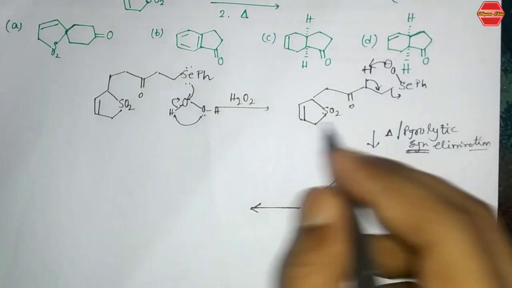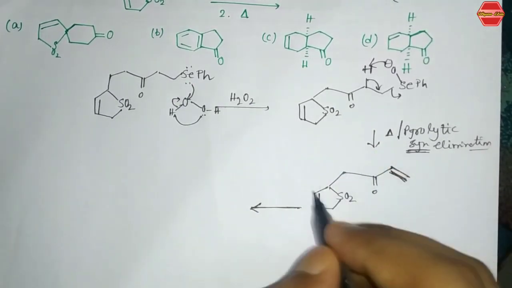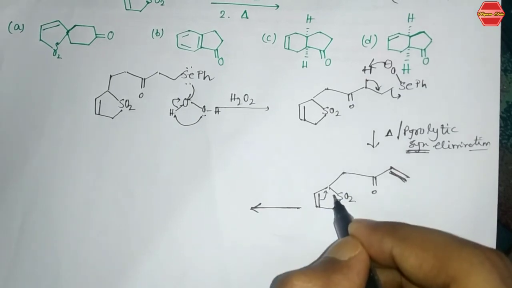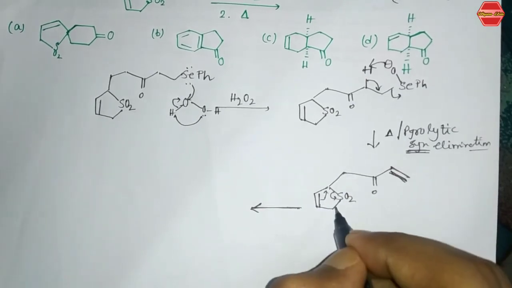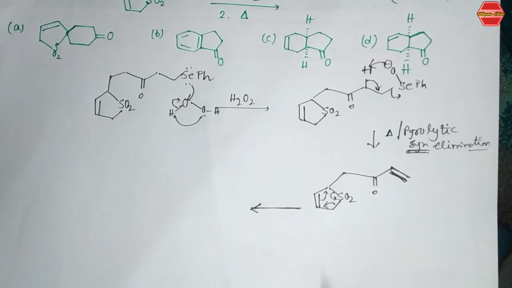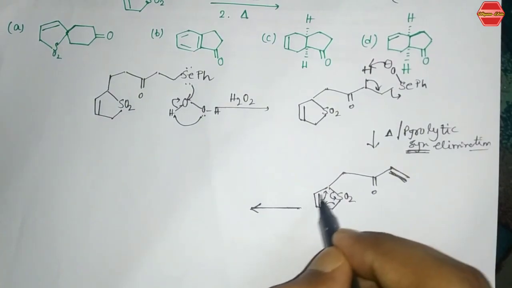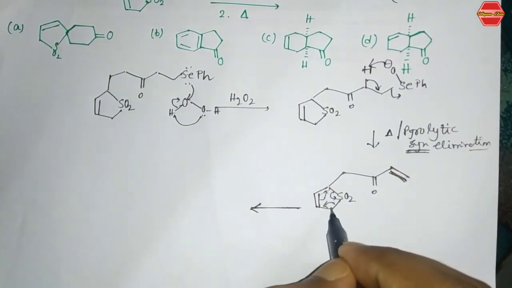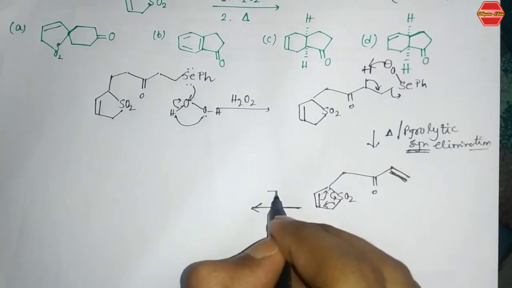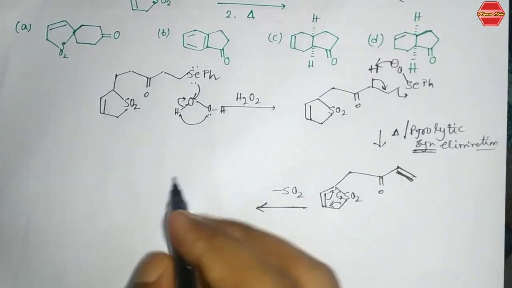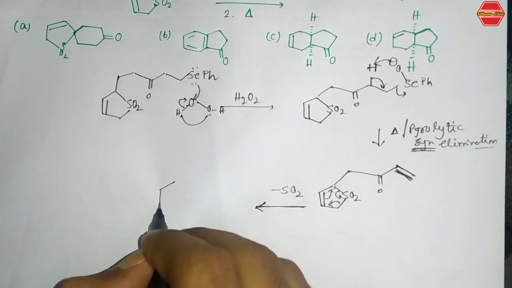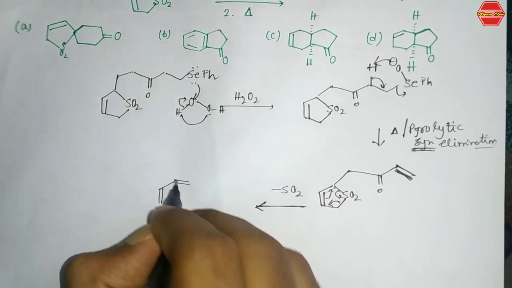How do we extrude it? The bonds go back over here, and these bonds go over here, and this goes back over here. Now there is a formation of two double bonds, over here and over here, and the SO2 will leave from the system, and ultimately the product that you get is like this.